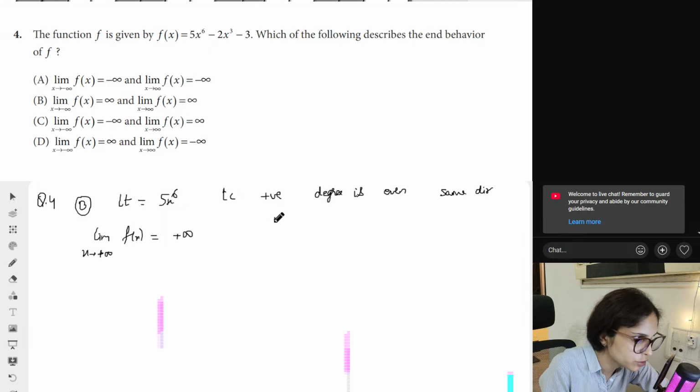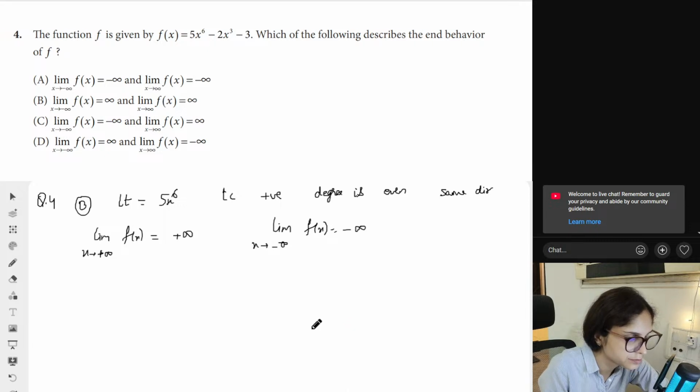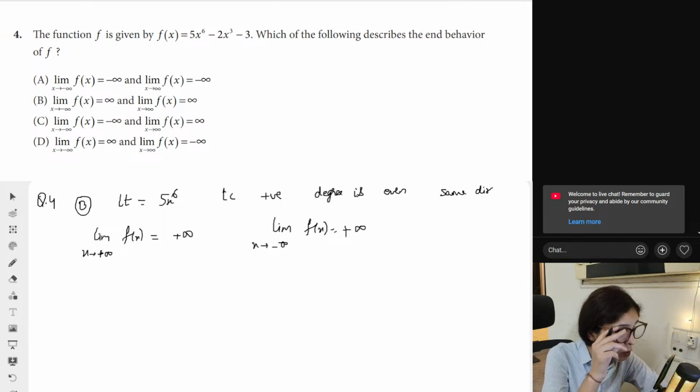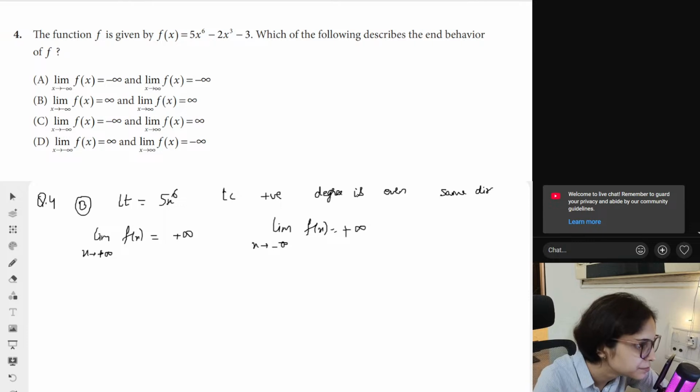And same direction on both sides. That is why when it is going to negative infinity also, f of x becomes positive infinity, sorry, my bad. And that is option B. Alright, both of them are positive infinity. Yeah, that's about it. And now moving to the next question.